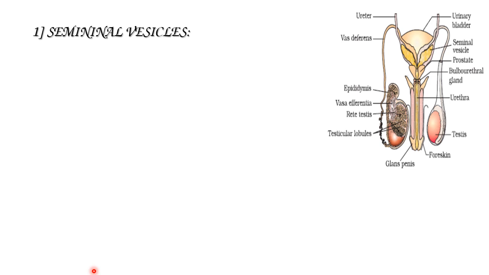Seminal vesicles. These seminal vesicles are also called uterus masculinus. Observe the diagram: the leaf-like structures are called the seminal vesicles. These seminal vesicles open into the ejaculatory duct or urethra.